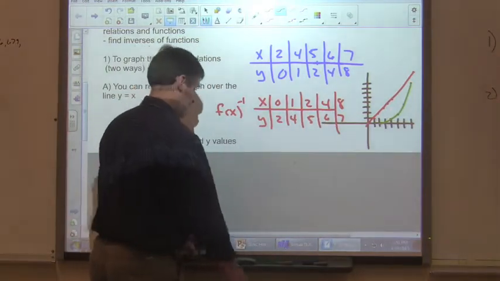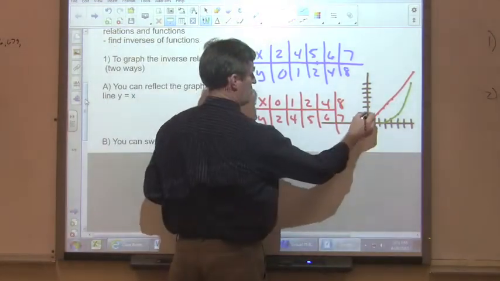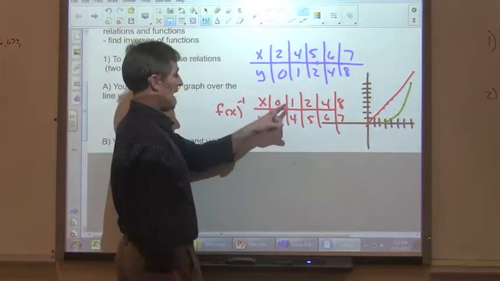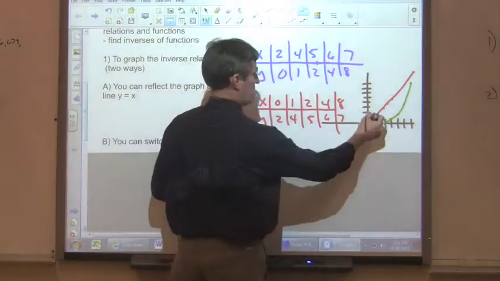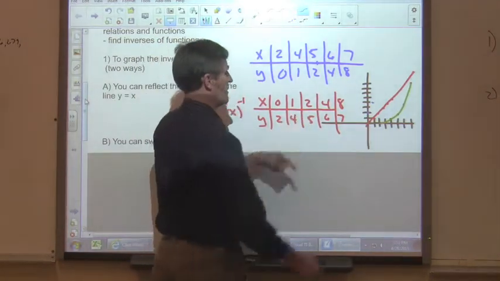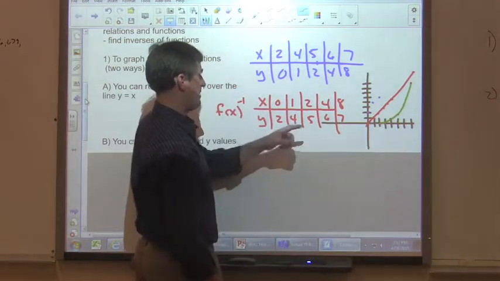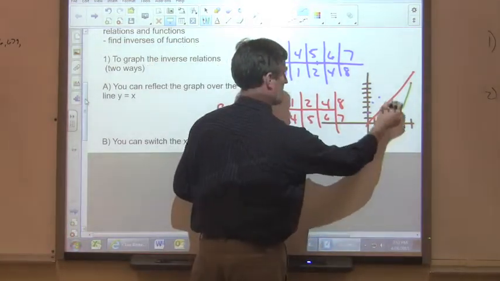So now let's graph that. So at 0, we're now at 2. At 1, we're at 4. At 2, we're at 5. At 4, we're at 6.